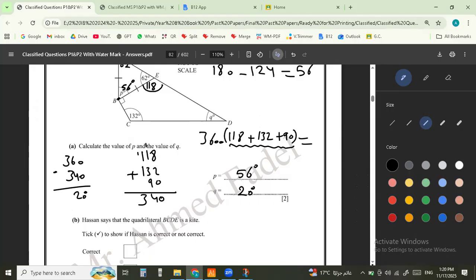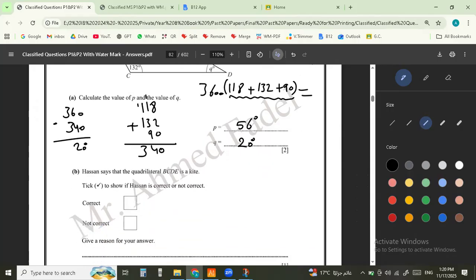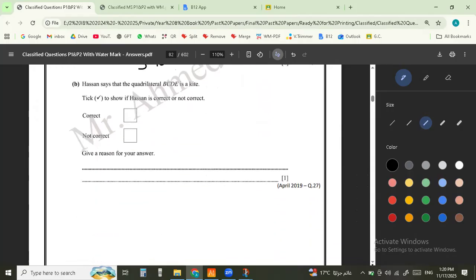Look at that, we found that Q is 20. It's not equal to any of them. So a kite must have a pair of equal angles. So not correct, and you must write here: a kite must have a pair of equal angles.